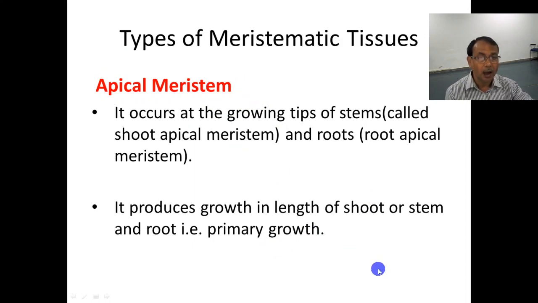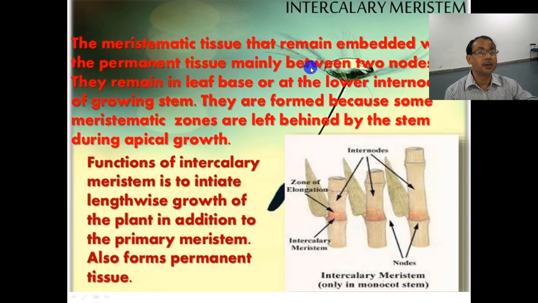Let us go to the intercalary meristem now. It is the meristematic tissue that remains embedded within the permanent tissue, mainly between two nodes. This group of meristematic tissue remains embedded between the permanent tissue. This side also permanent tissue, this side also permanent tissue.